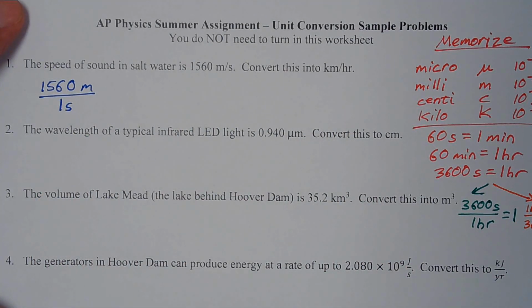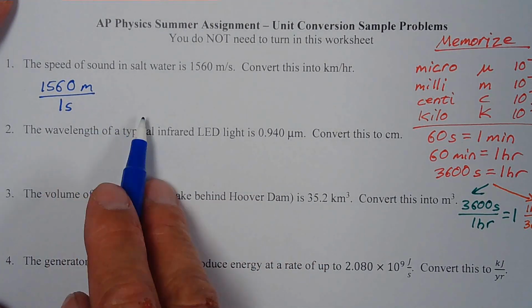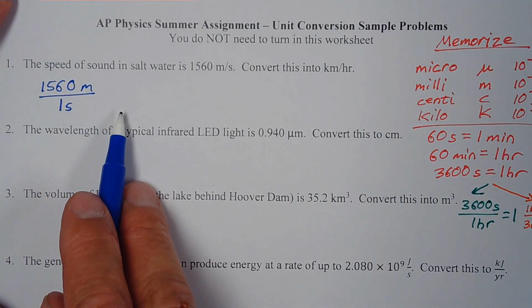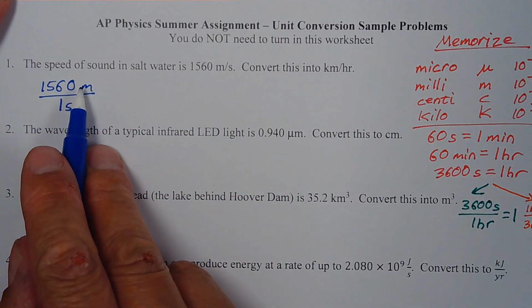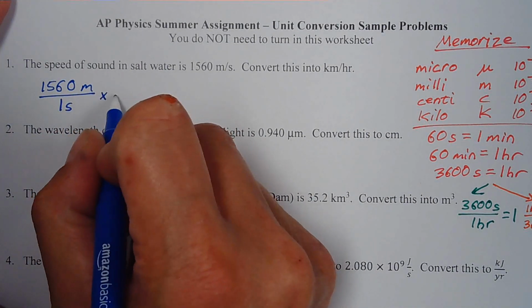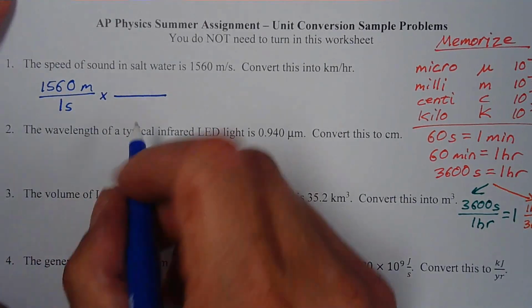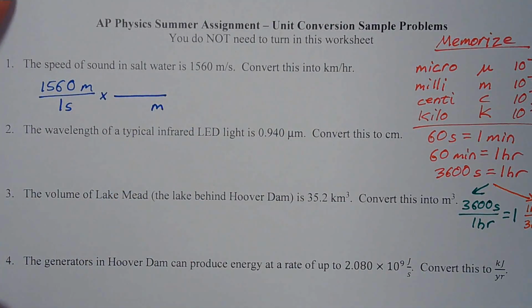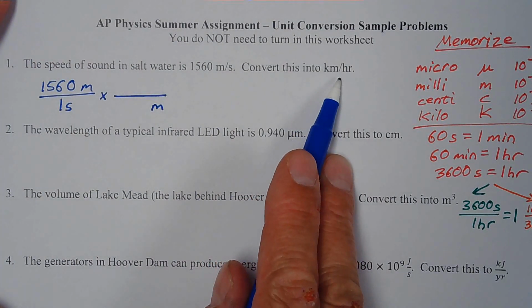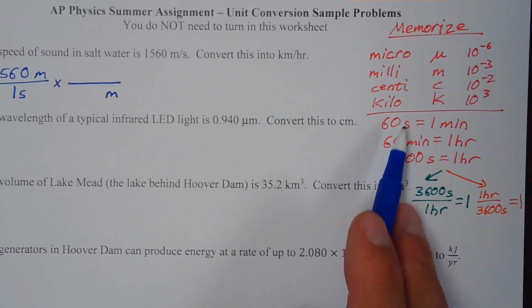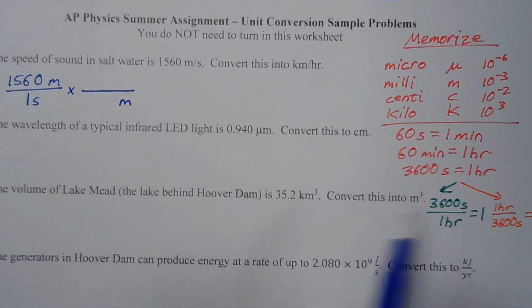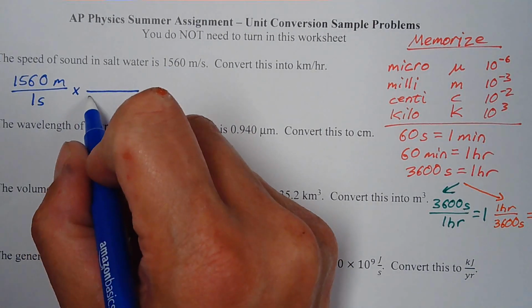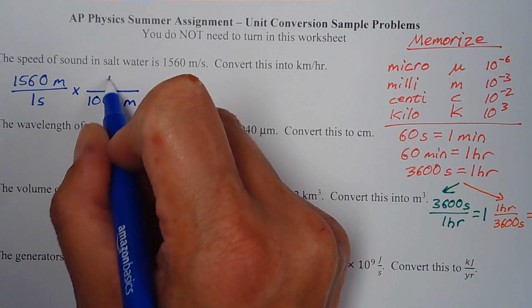And just like in stoichiometry problems, we want to multiply by quantities that have the stuff we want to get rid of on the opposite side of where it is now. So if I do the meters to kilometers conversion, the conversion factor I want needs to have meters on the bottom, and ideally it'll have kilometers on the top. And we can do that based on this chart here. 10 to the third meters is equal to 1 kilometer, or 1,000 meters is equal to 1 kilometer.